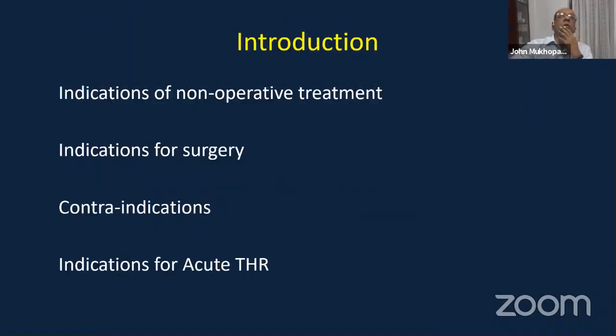So we need to look at which fractures we can treat non-operatively, the indications for surgery, the contraindications, and whether there are indications for acute THR. Of course, when you have secondary osteoarthritis, then a THR is often the only option.